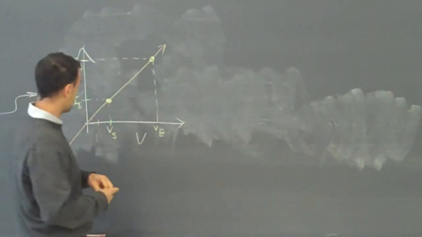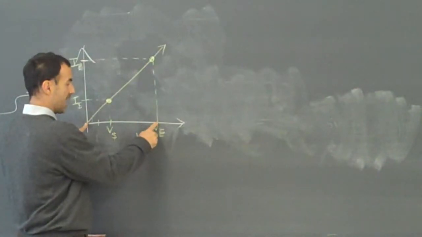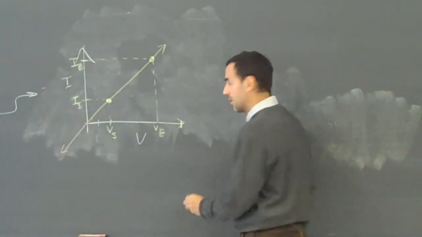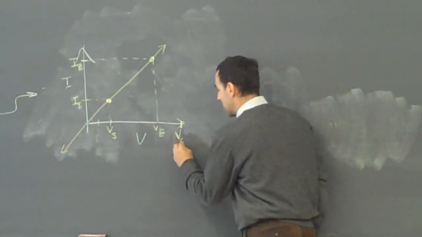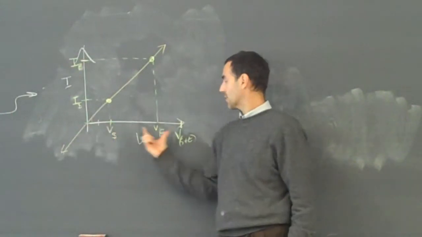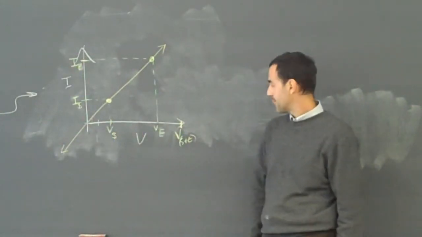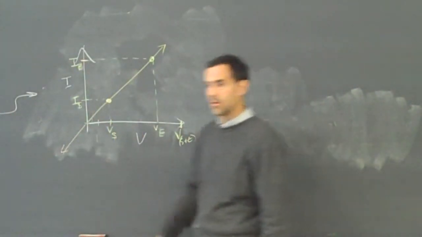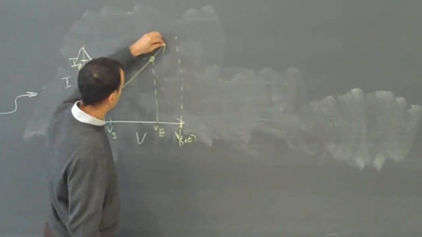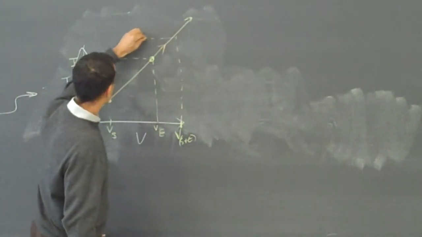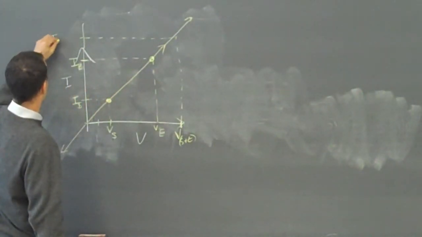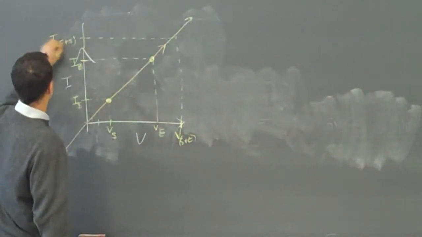So it's VS tacked on to VE. What current is going to result? The current that will result will be this current up here, which is I Edgardo plus Sean.